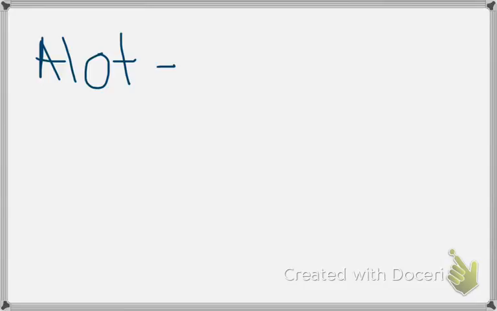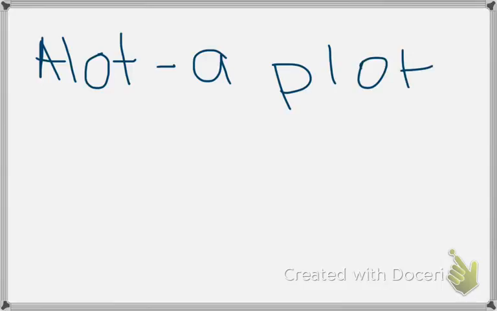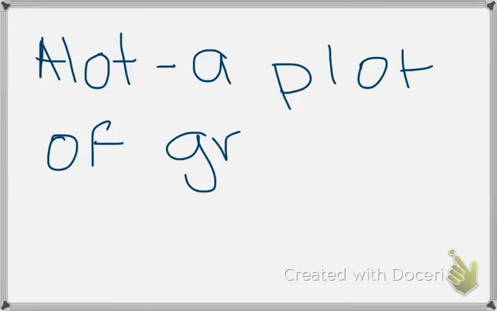So like, Cindy bought a lot in Katy, Texas, or whatever. So you should always consider alot a spelling error and unacceptable unless you mean a plot of ground. So a lot is basically meaning a plot of ground.